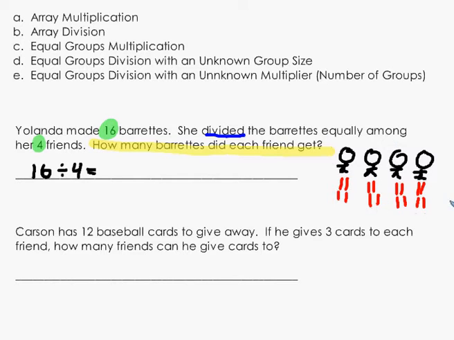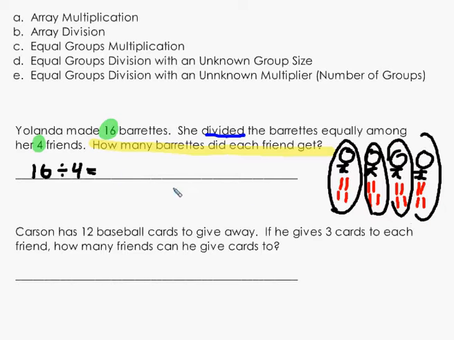I dealt out all 16 of my barrettes. I divided those 16 barrettes equally among these friends. How many barrettes did each friend get? You can see that each friend has 4 barrettes.